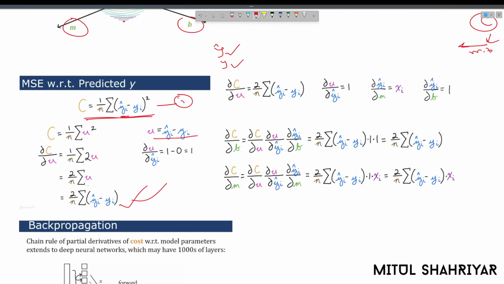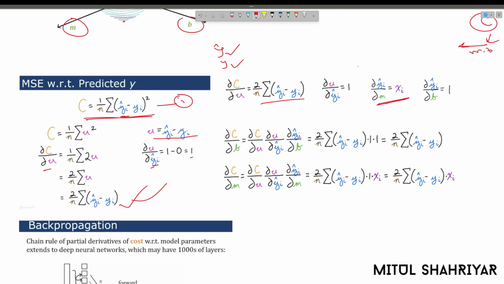We just follow the process, we will get dC by du, no problem with that, and then du by dy, so no problem with that. I have got this too. Now as we have seen, dC by du is this one and du by dy is this one, we've got that. Then we can again compute this one, dyi by dm.